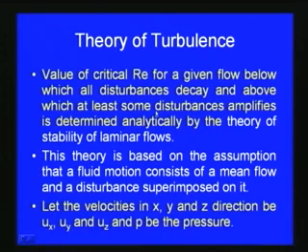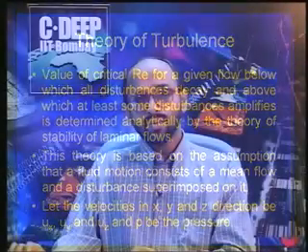Scientists tried to analyze turbulent flow for a long time and compared it with laminar flow, to understand why turbulence is generated. They used the theory of stability of laminar flow.